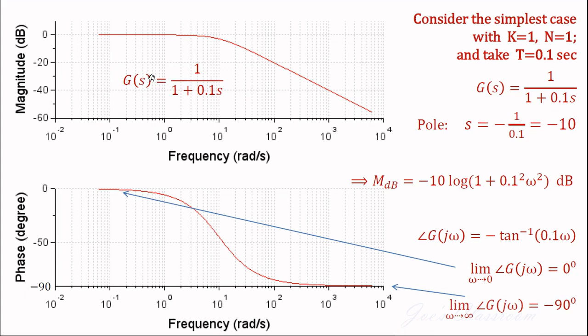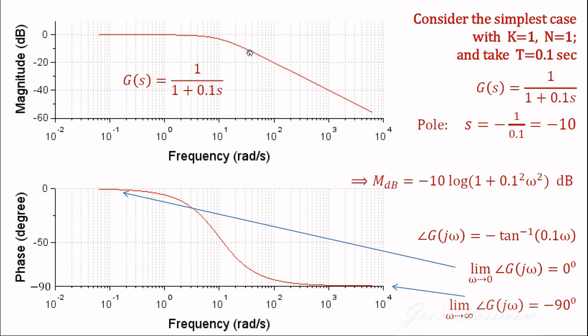And also, when it comes to the magnitude plot, we understand that up to a frequency of almost 10 radians per second, the magnitude is 0 decibels, which corresponds to a magnitude of 1. For all other higher frequencies, the magnitude is negative in decibels, that means the magnitude is less than 1.